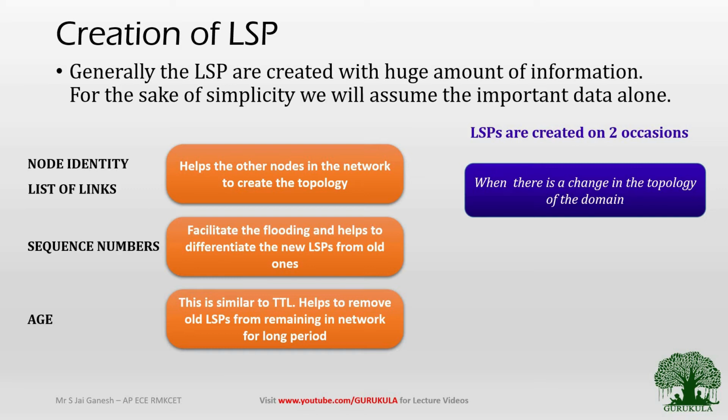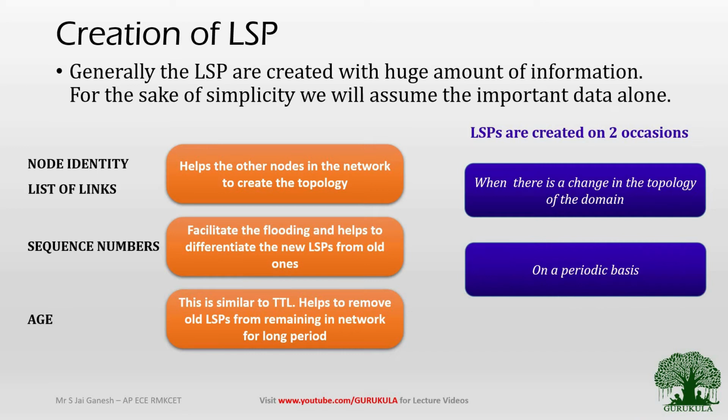So this is one occasion on which the LSPs are created by every node, and the second one is on a periodic basis. You very well know what periodic basis is. Every 1 hour to 2 hours is the normal time span when the LSPs will be created.